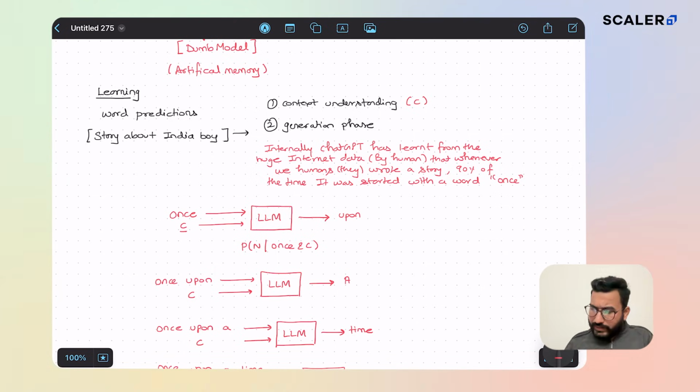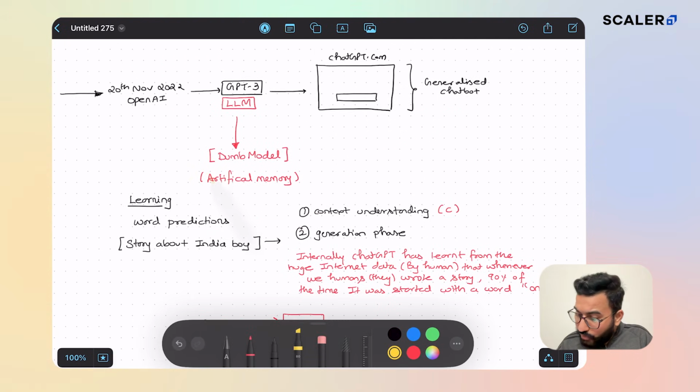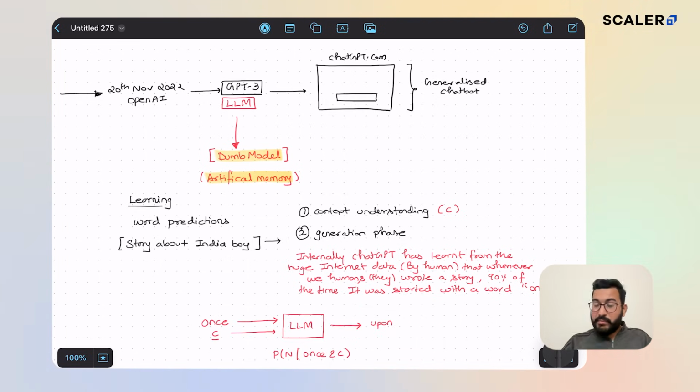But let's get back to the same question: why am I calling it artificial memory and a dumb model? The reason is that this particular model, which was GPT-3, lacked so many things.